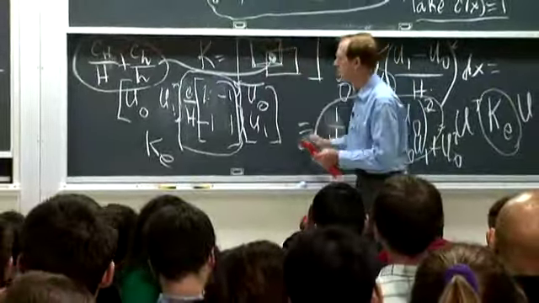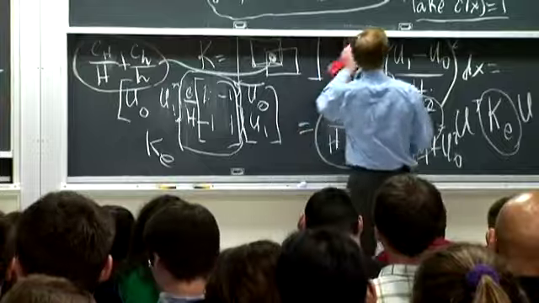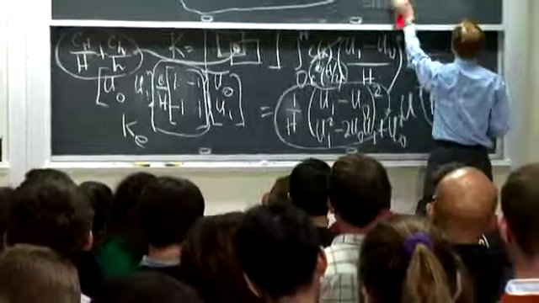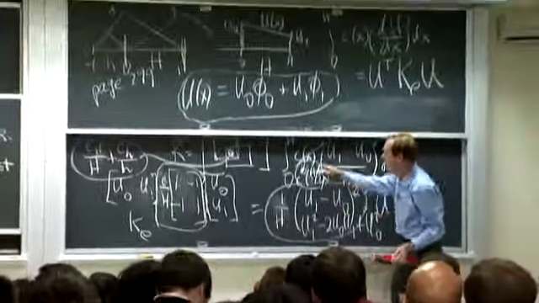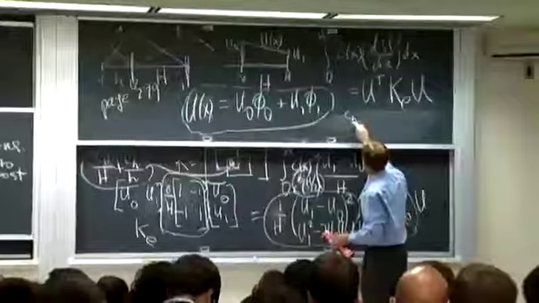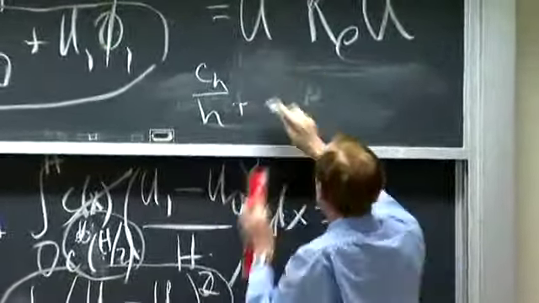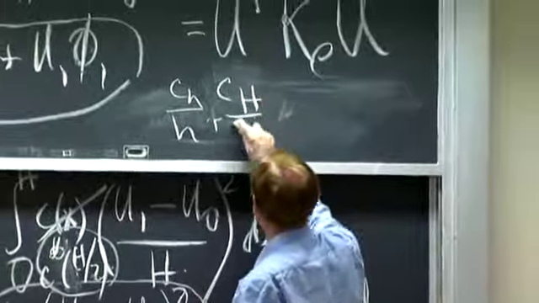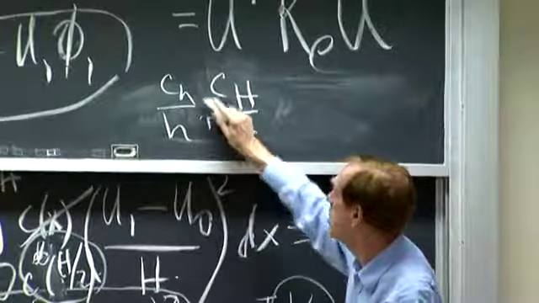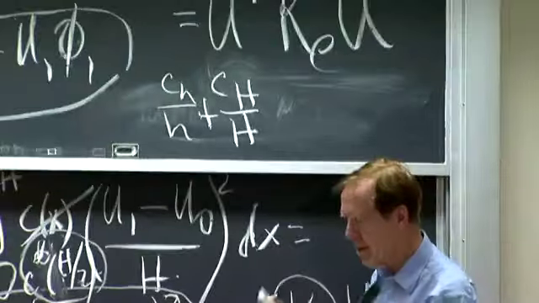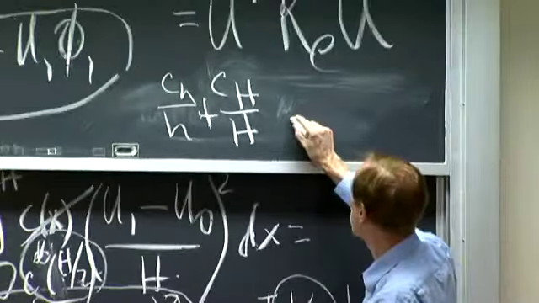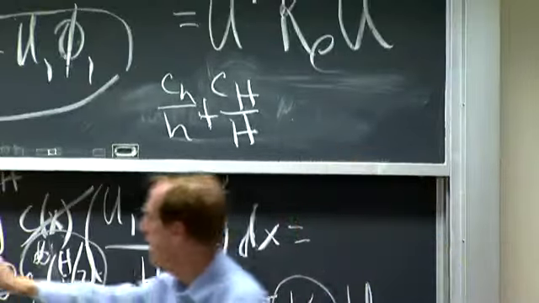Over here, should I write a typical row of k? Typical row of k is going to have this c little h over little h plus c big H over big H. That's like the 2, right? That's like the 2. And what goes here?